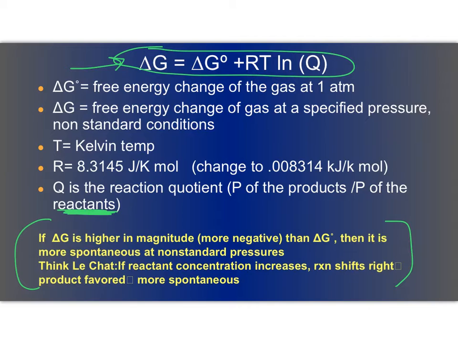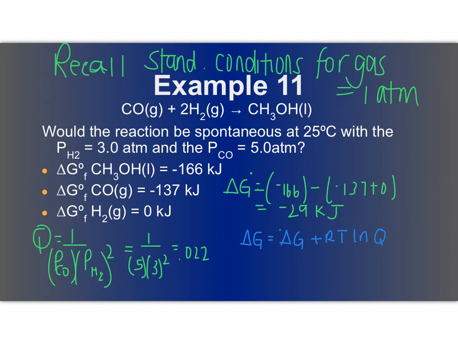And if Q gets smaller, the reaction will proceed to the right towards products, and the reaction will thus be more spontaneous at those non-standard conditions. So let's jump into example 11.